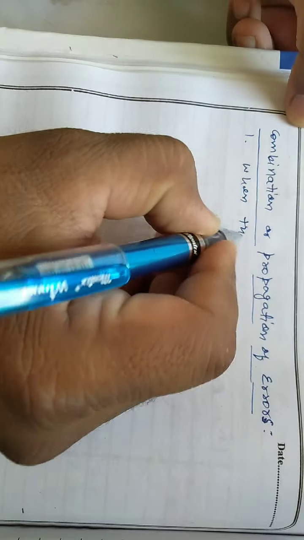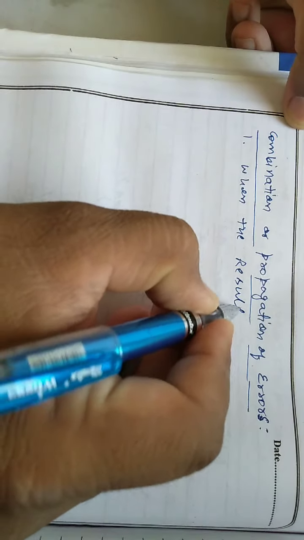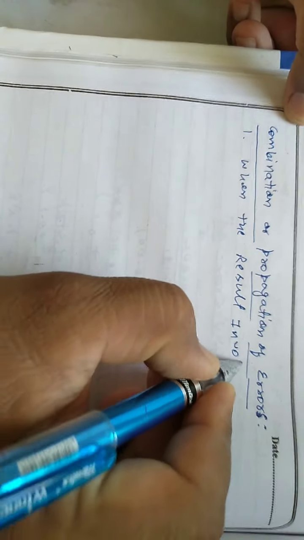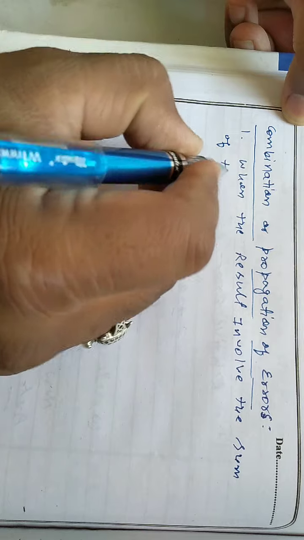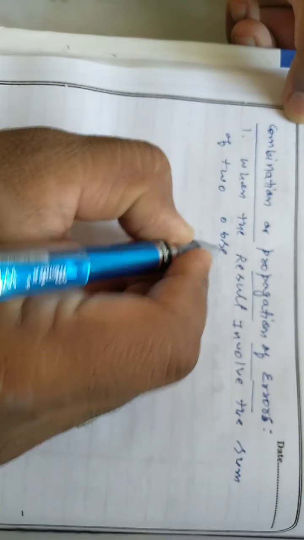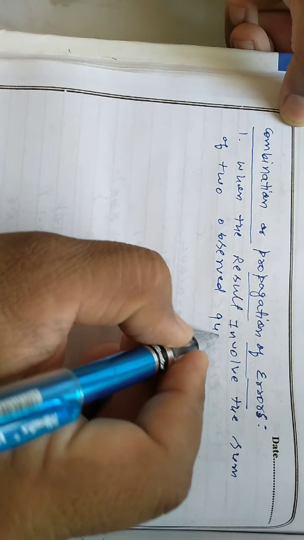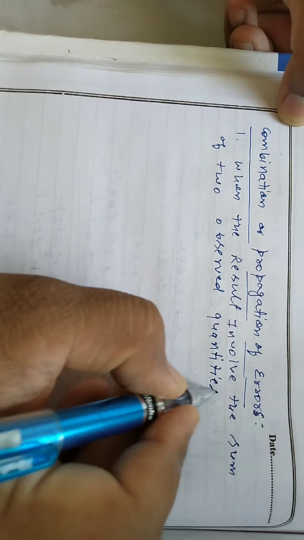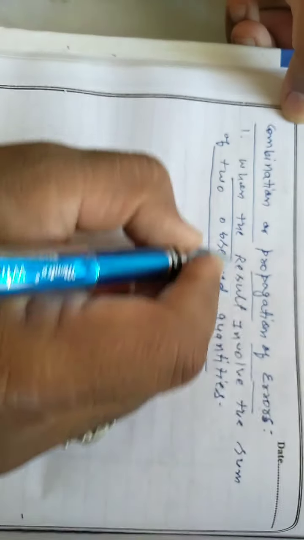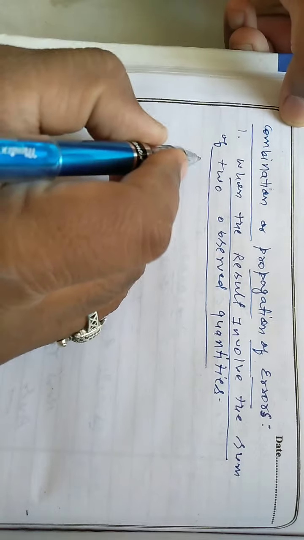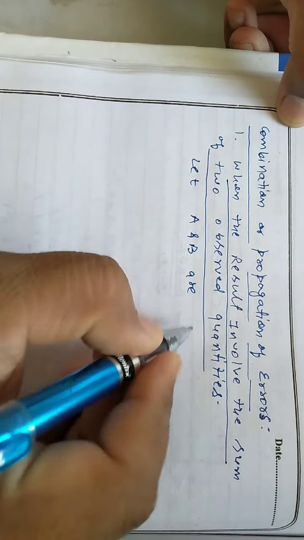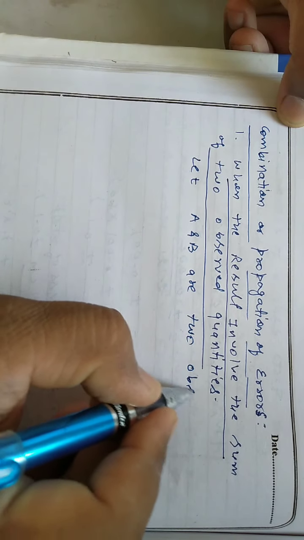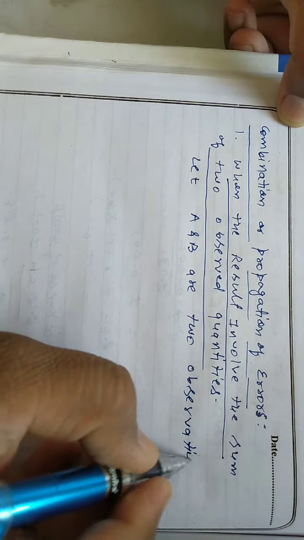First, when the result involves the sum of two observed quantities. Let A and B are two observations.